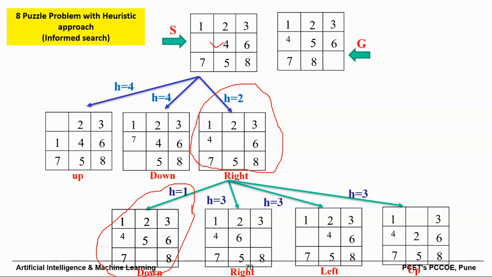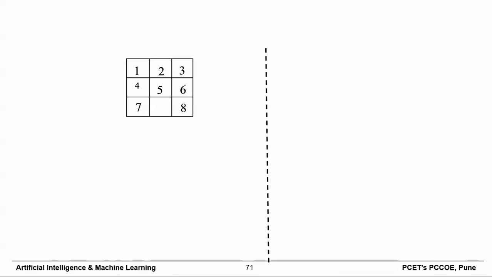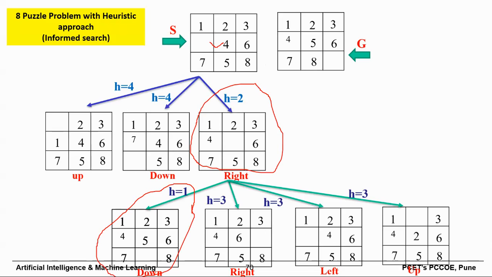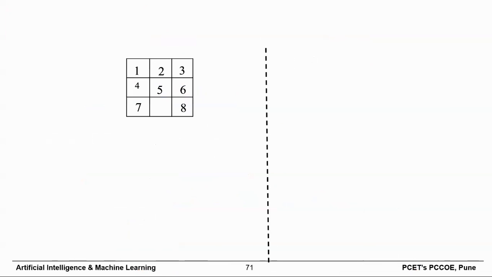So now for this down option, again you can try out different alternatives, right? So we will start with this particular approach and try out. So how many positions are possible?